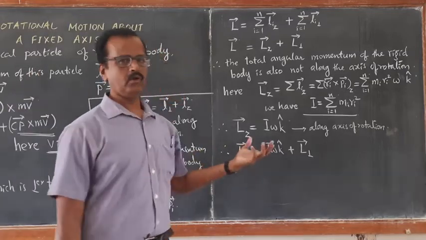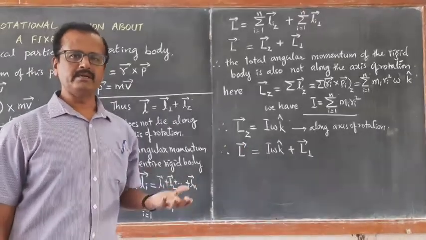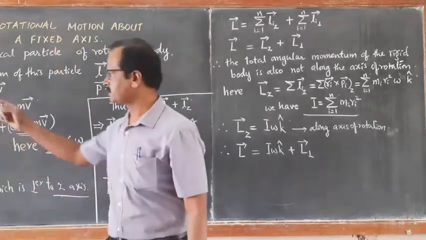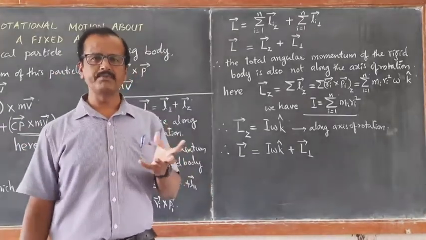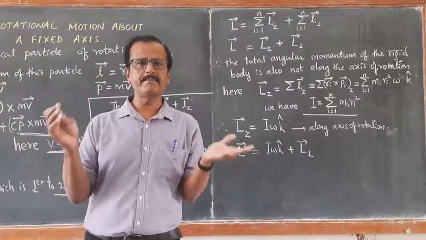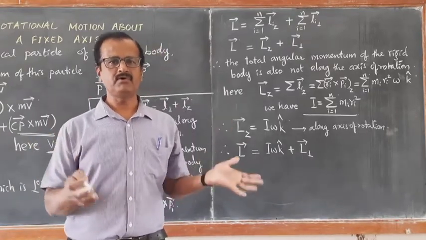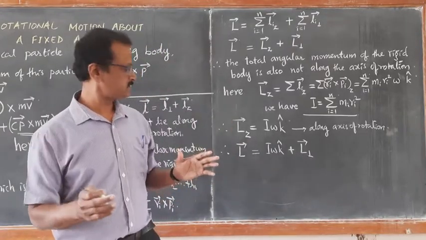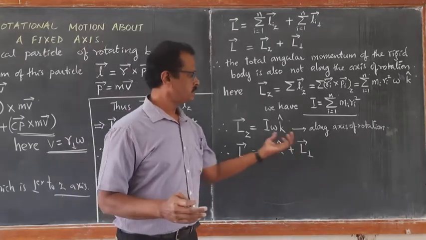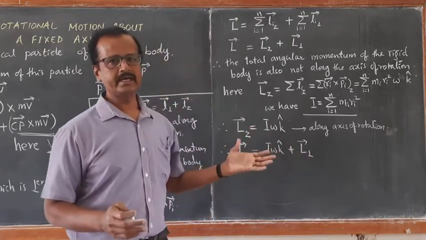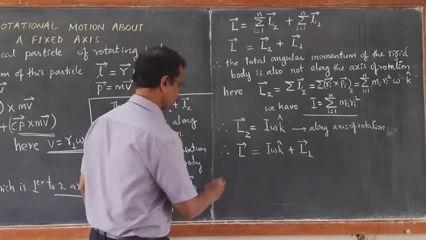Therefore, for non-symmetrical bodies, just like the arbitrary rigid body which I have chosen, which does not have a particular shape, for such non-symmetrical bodies, the angular momentum does not lie along the axis of rotation.